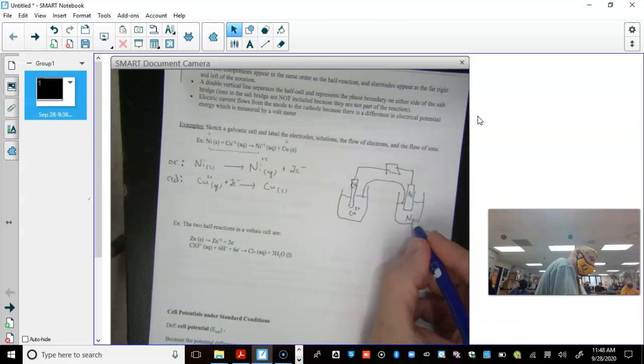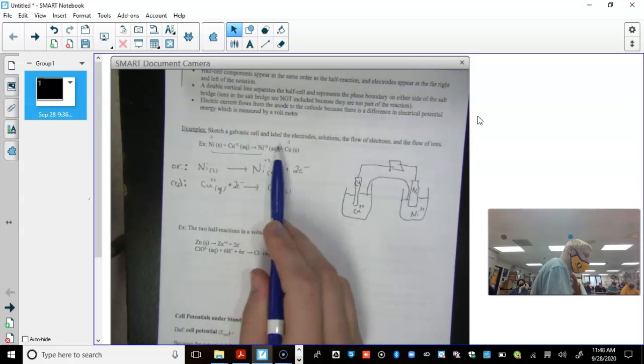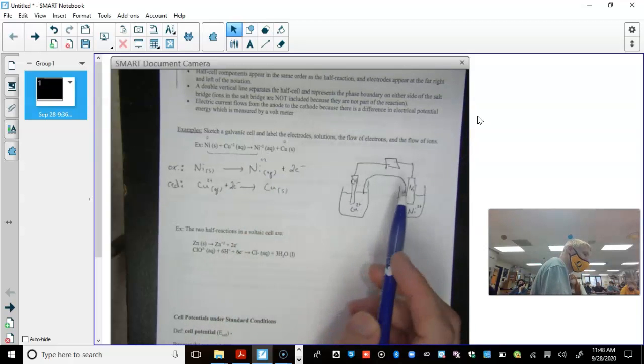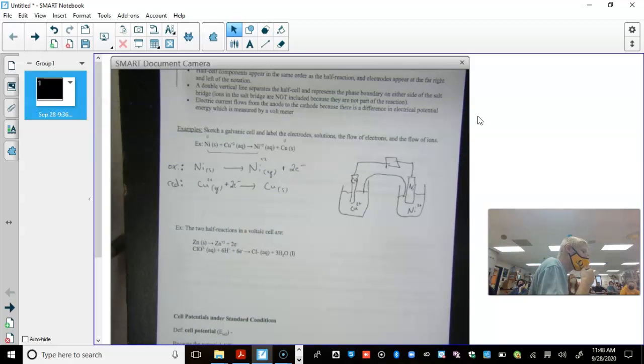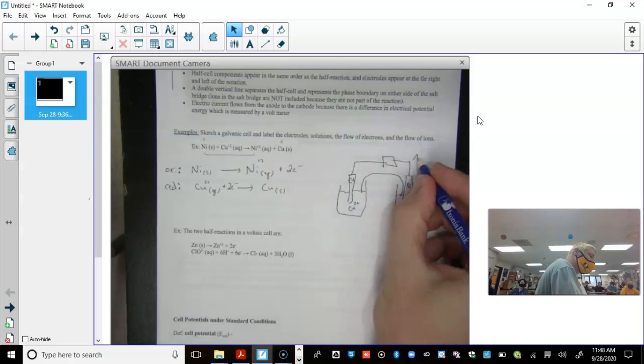Then we got nickel 2 plus aqueous. What else do we got to do? So sketch a galvanic cell, label the electrodes. We labeled them. Oh, which one's the anode? The one that's being oxidized. Alright, so when we said oxidation was nickel, we'll call this one our anode.